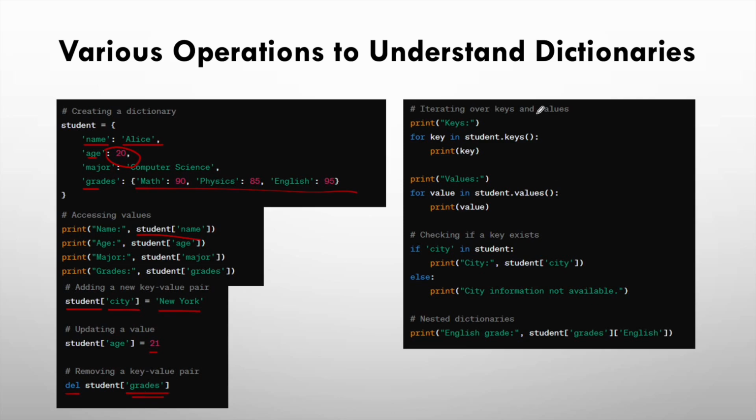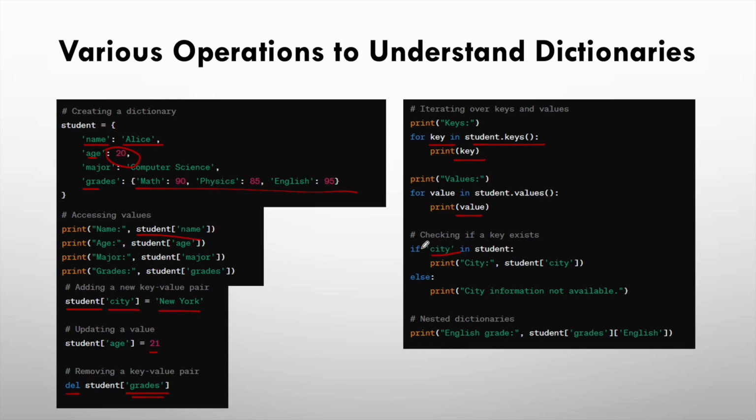Next, to iterate over keys and values, we simply use a for loop like we did for lists and tuples. So for key in student.keys, we print key. Similarly here for value in student.values, print value. Now to check if a key exists, we use an if else statement. So if city in student, print city, student, and square brackets city.